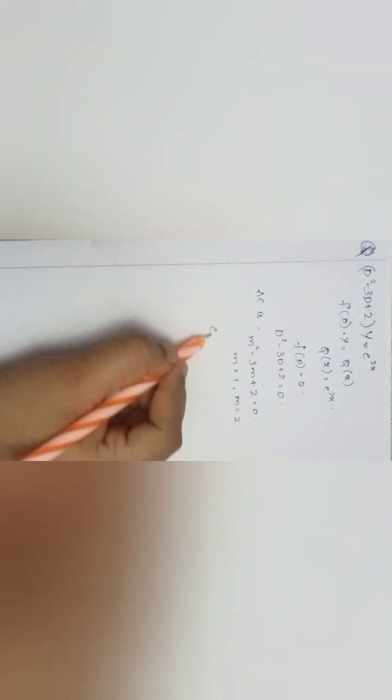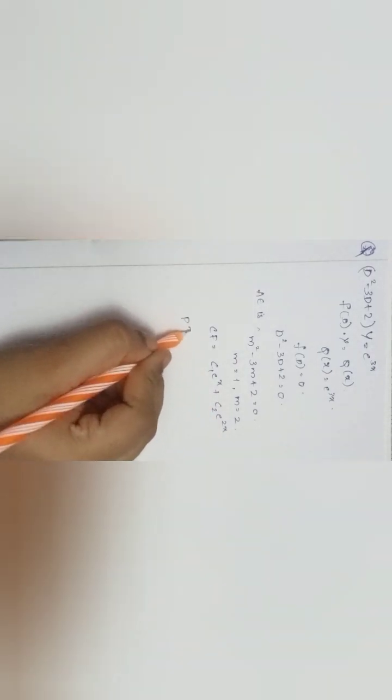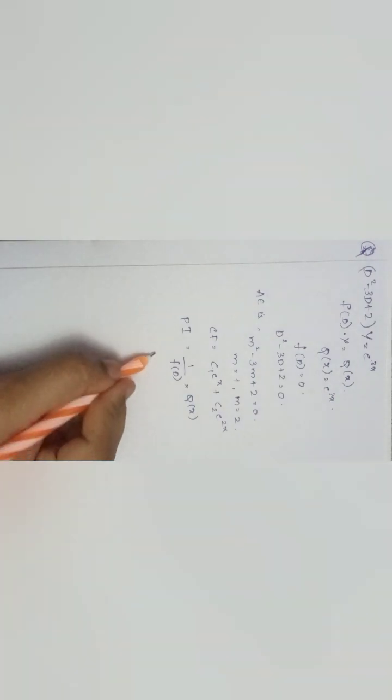Therefore, the CF, complementary function, is equal to C1 e raised to x plus C2 e raised to 2x. That is of the form C1 e raised to m1 x plus C2 e raised to m2 x. Then to find the particular integral, PI is equal to 1 by f of D into Q of x, that is 1 by D square minus 3D plus 2 into e raised to 3x.